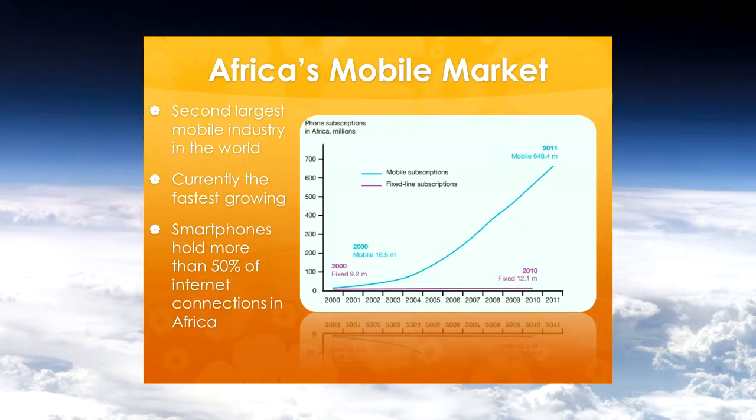On the bright side, in the form of communication, but also stemming from a lack of fixed infrastructure, Africa's largest industry is the mobile industry. Furthermore, Africa is the second biggest mobile market in the world and is currently experiencing the fastest growth when compared to the rest of the world. If you look at this graph, you can see that the rate of cell phone and smartphone subscriptions is exponentially higher than fixed line subscriptions.